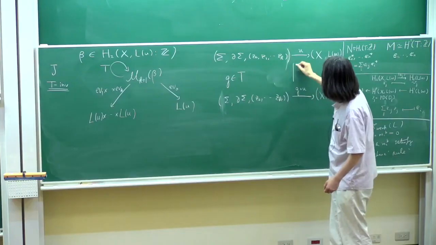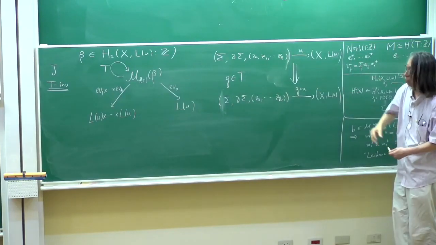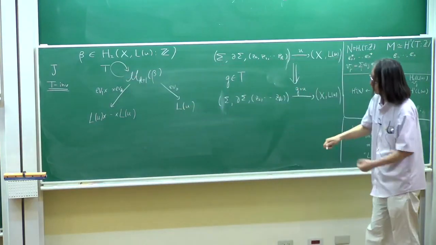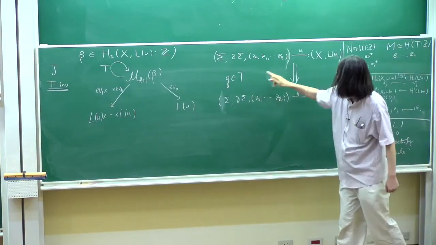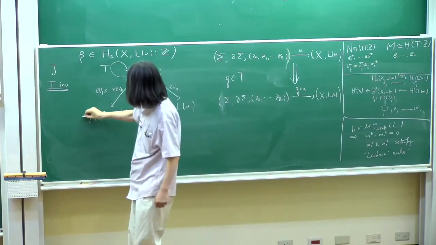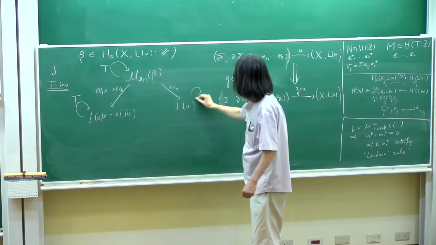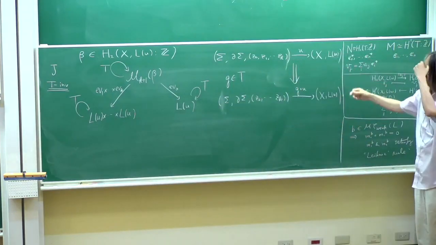So this one is sent by the group element g to this element. And so we have this torus action here, and certainly the target is a torus orbit. This is a diagonal torus action here, and here also a torus action. And if you look at this, it is equivariant, right?